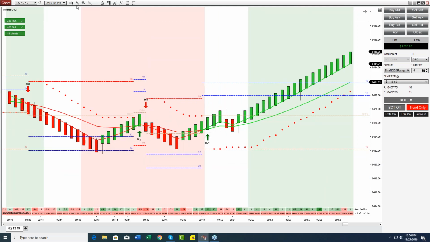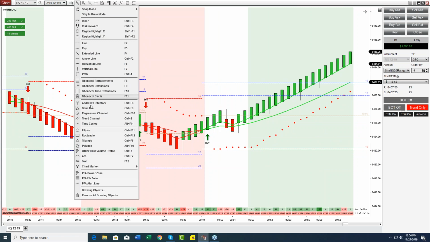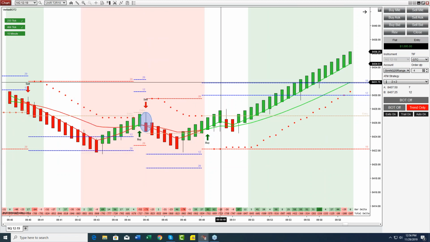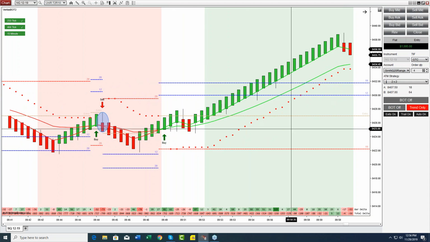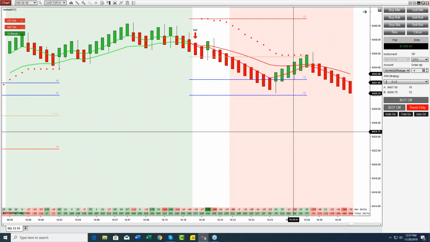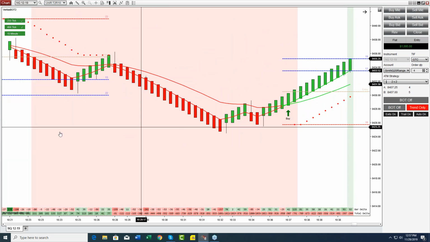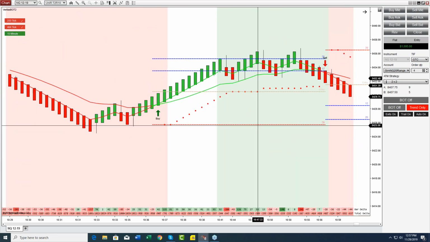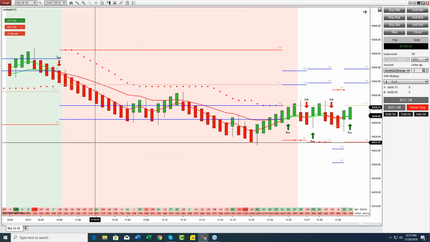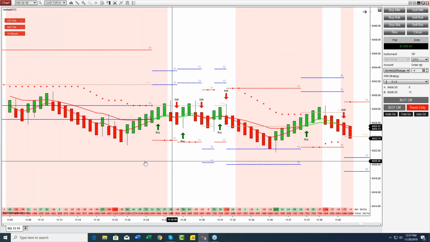Okay. We do get this short for mostly a winner, one tick shy of first target. Does not take that. Doesn't take that. Doesn't take that. Doesn't take that, or any of these.